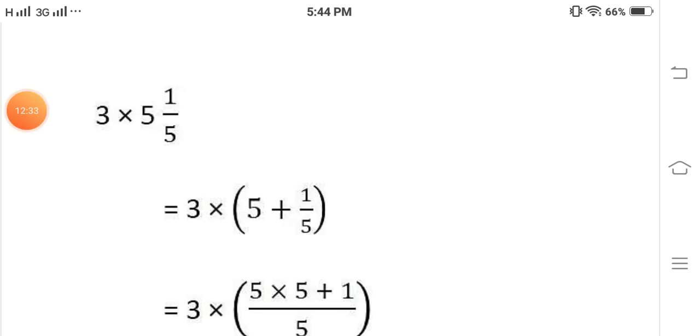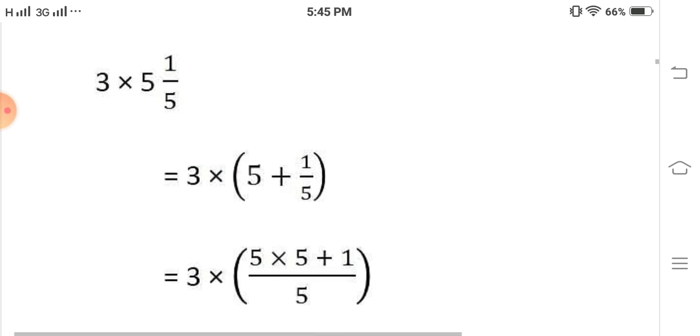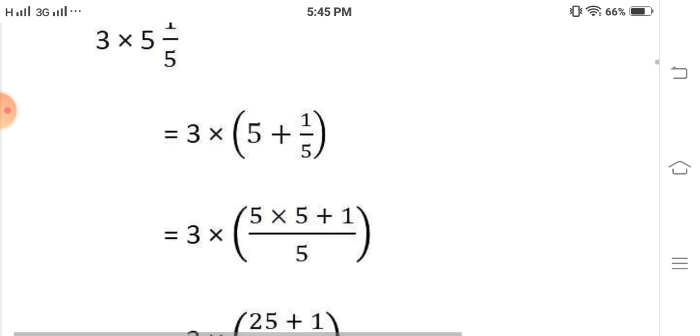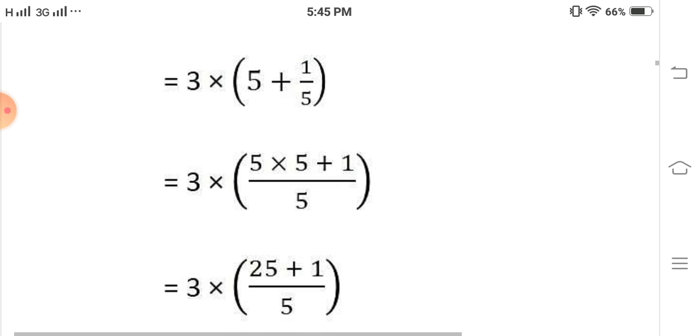The first part, 3 multiplied by 5, 1 upon 5. So we will solve the mixed fraction first. It will be split up as 5 plus 1 upon 5. You will simplify it. 5 multiplied by 5 plus 1 upon 5, so it is 3 multiplied by (25 plus 1) upon 5.